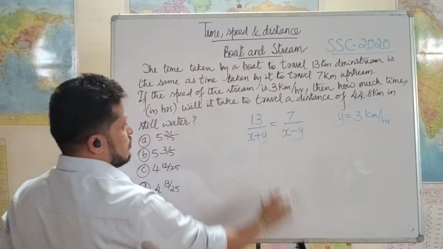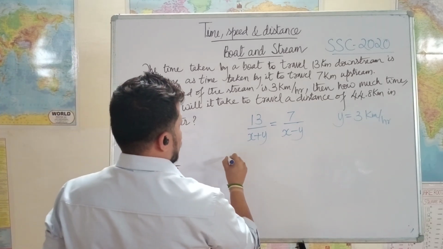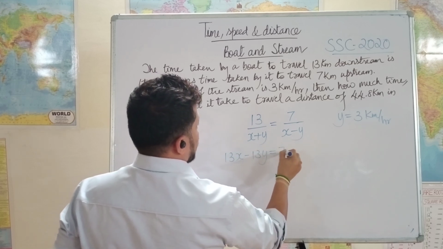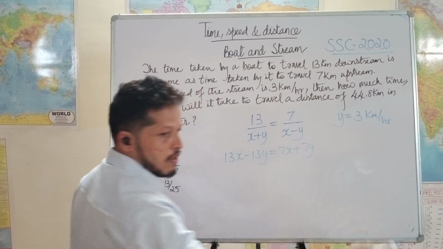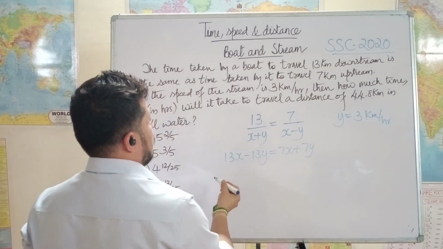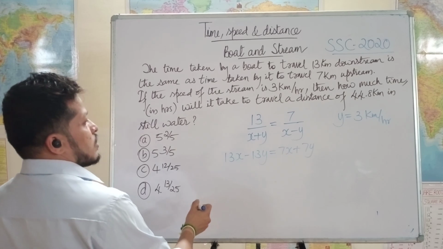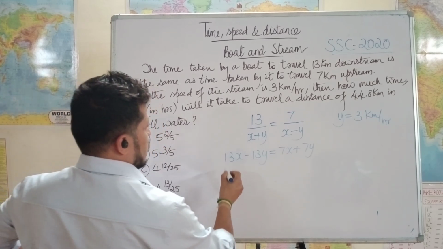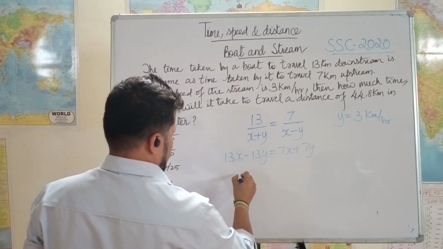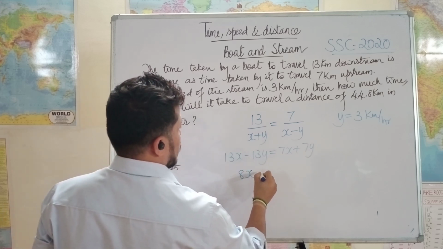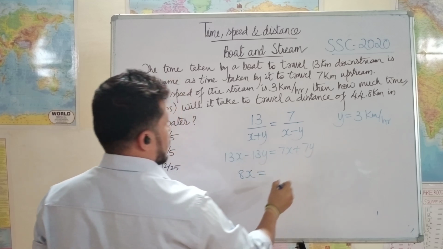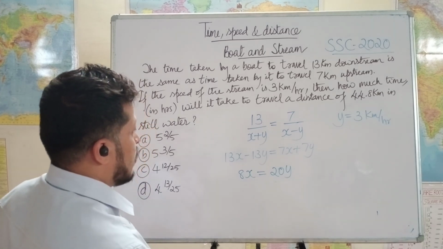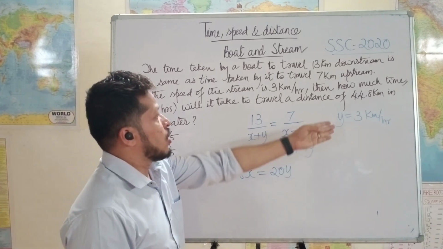So let's solve this. This gives 13x minus 13y is equal to 7x plus 7y. That means 13 minus 7 is 6x is equal to, let me take this on the right hand side, so we get 20y. So we have y as 3 km per hour.